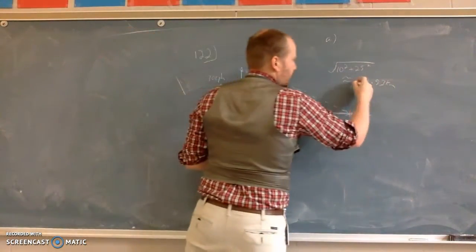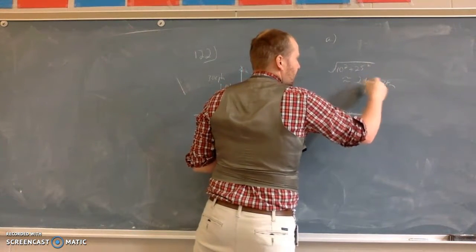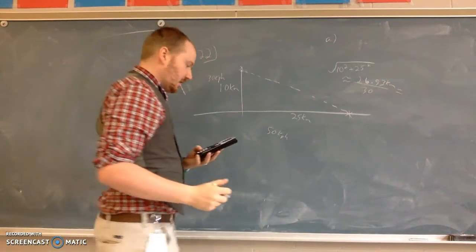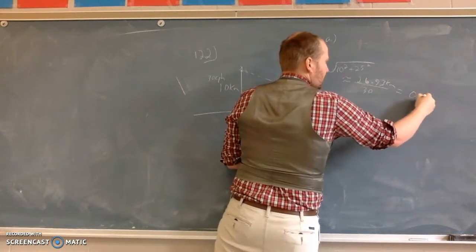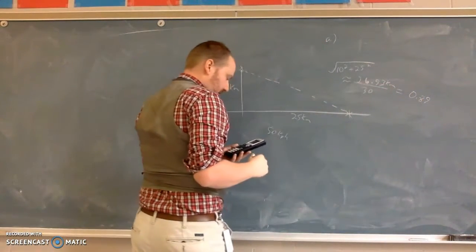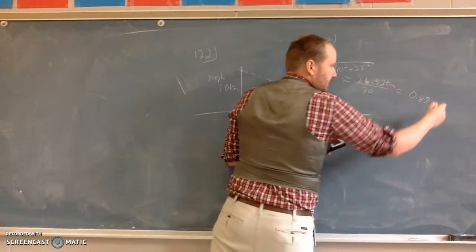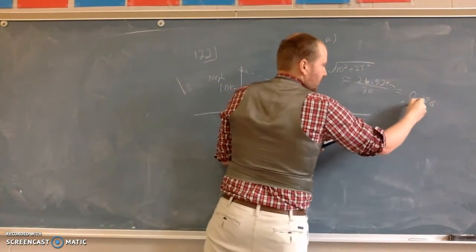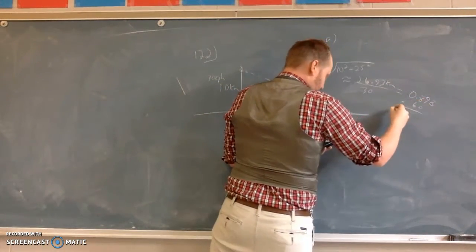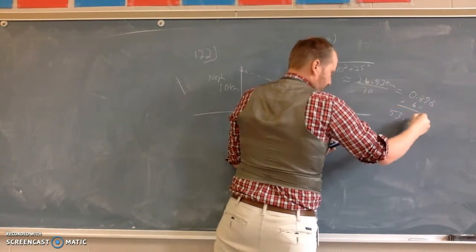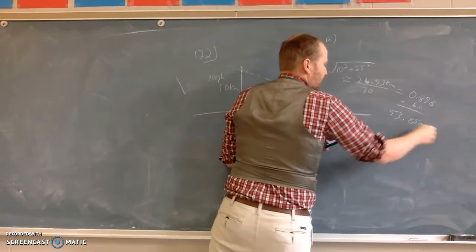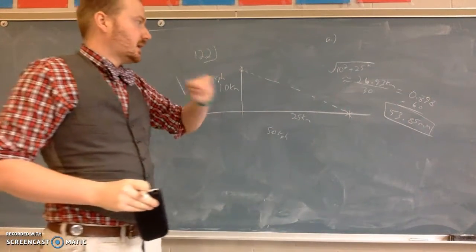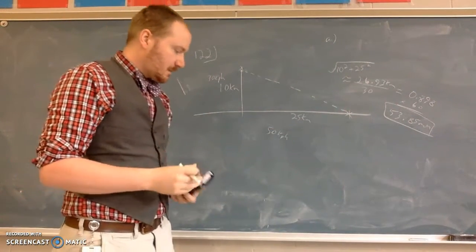So we'll take this, we divide by 30. That gives us our total amount of time, which is 0.898 hours, which if I multiply by 60, gives us approximately 53.85 minutes. So if Alex travels just in the desert, it's going to take 53.85 minutes.